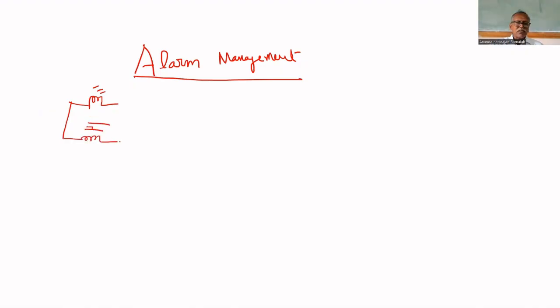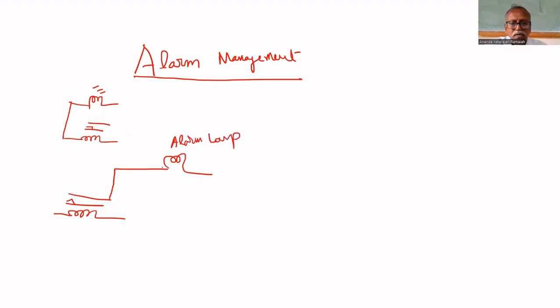This is the conventional method. This is the relay and contactor. In that, an alarm lamp is connected. Another end is connected to neutral. This end is connected to phase.